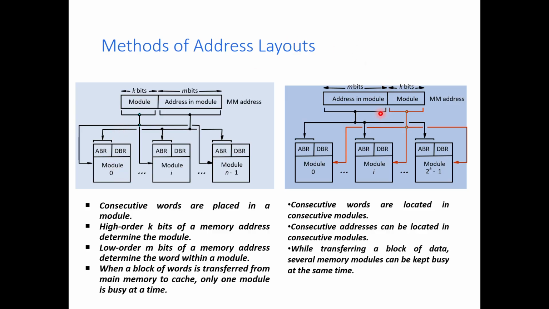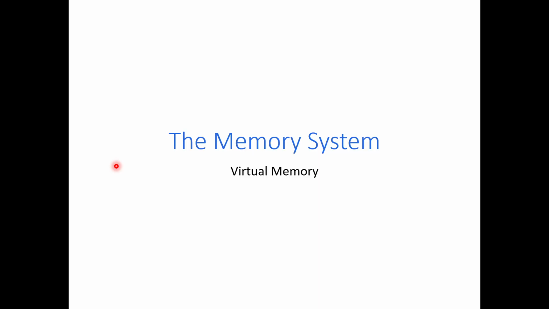In the other case, the consecutive words will be stored in consecutive modules. So if you have to access one particular word, wherever that instruction is, that module will be busy. Here consecutive instructions are in one particular module, so only that will be busy.